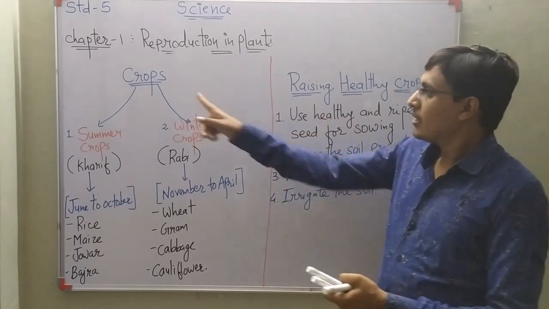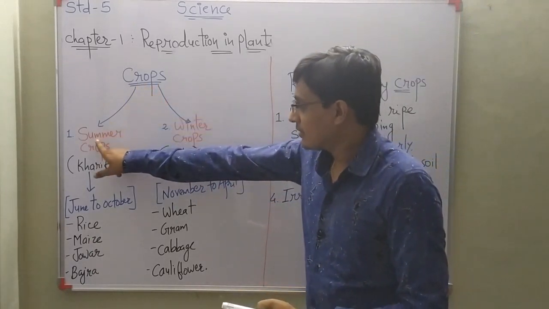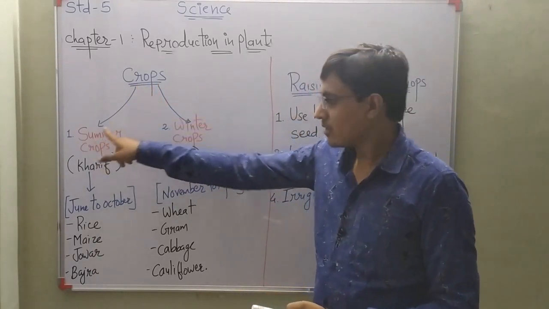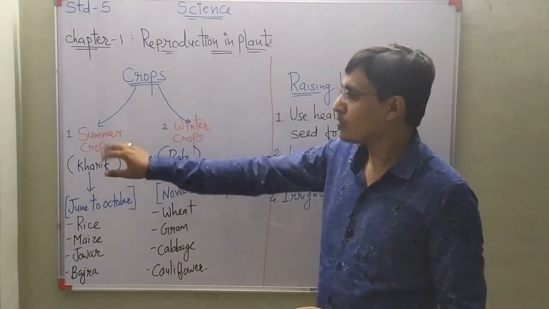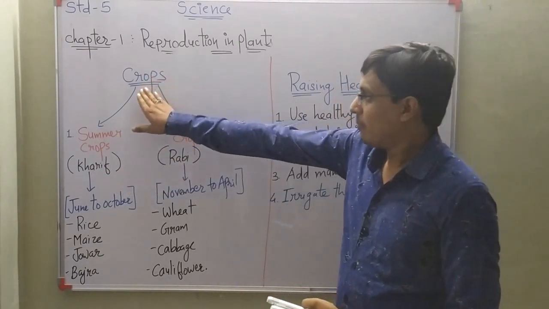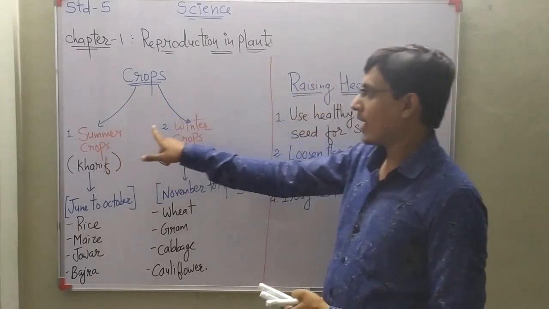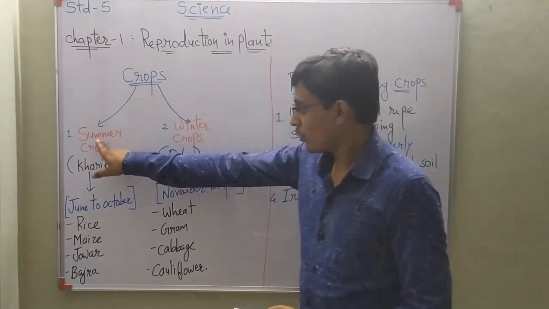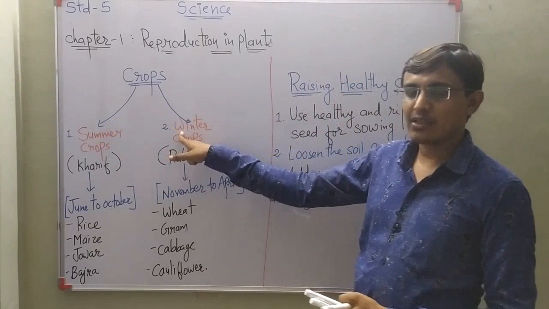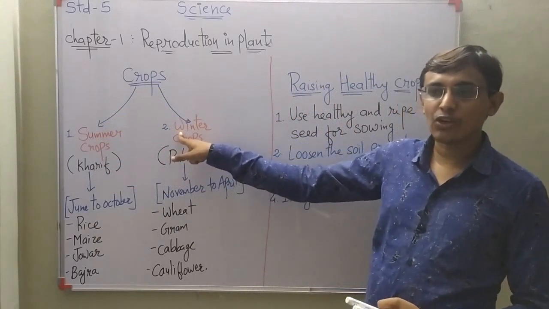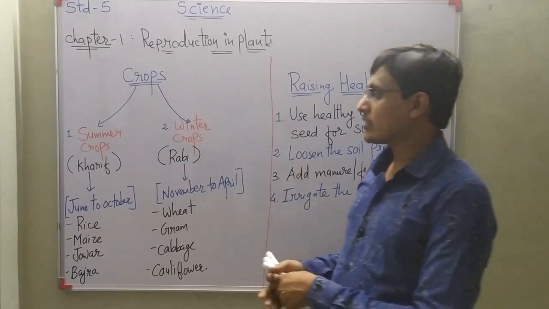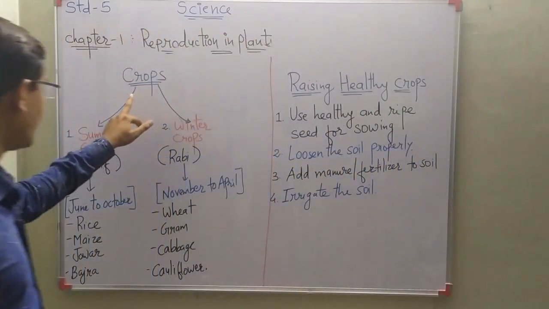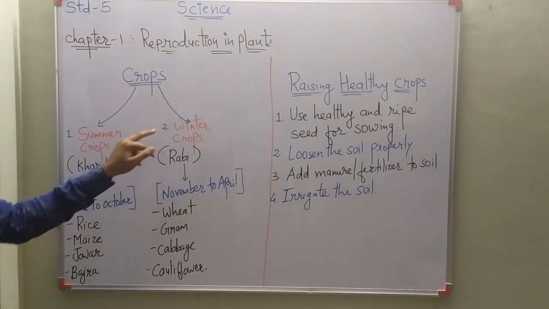Now based on the season, that is summer season, winter season, these are the 2 main seasons. Based on the season, there are 2 types of crops, summer crops and winter crops, and the third is zaid crop. But it is not in your syllabus, so we will discuss only summer crops and winter crops.